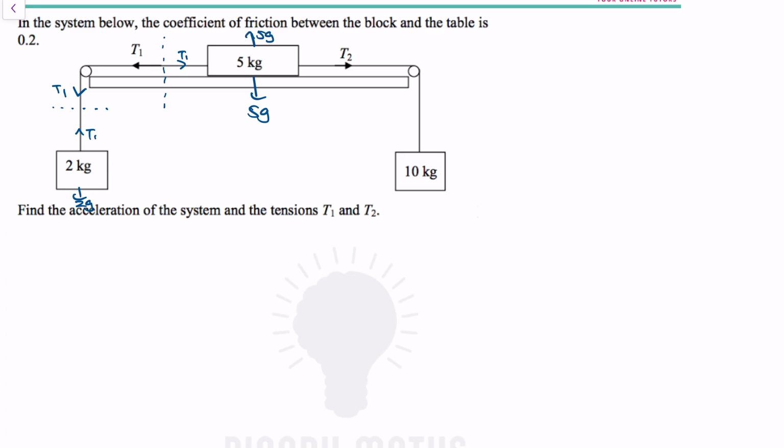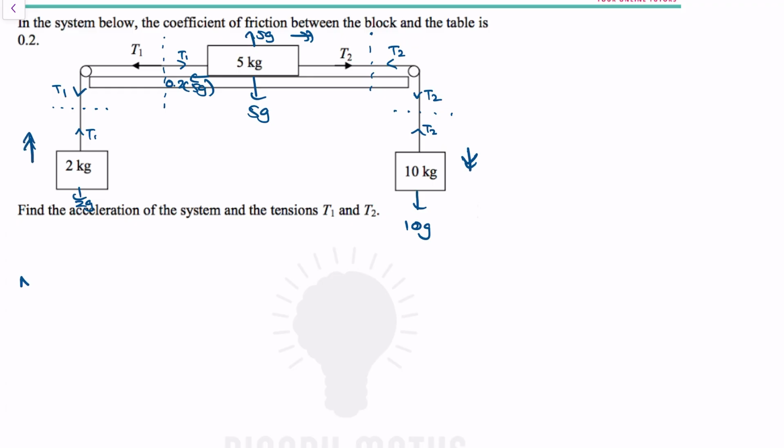We've got 0.2 times R, so 0.2 times 5g here. We've got T2 here, T2 here, T2 there, and 10g, the weight of the 10 kg mass. Now, because 10 kg is bigger than 2 kg, it's moving this way, the 5 kg is moving this way, and the 2 kg is moving up.